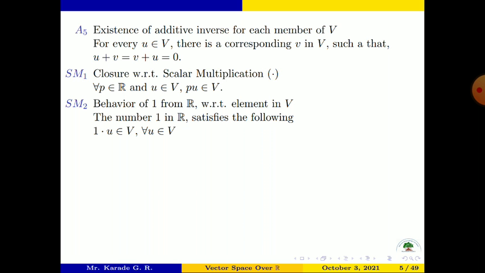If we multiply 1 by any element in V, there will be no change. So we will get that element itself.